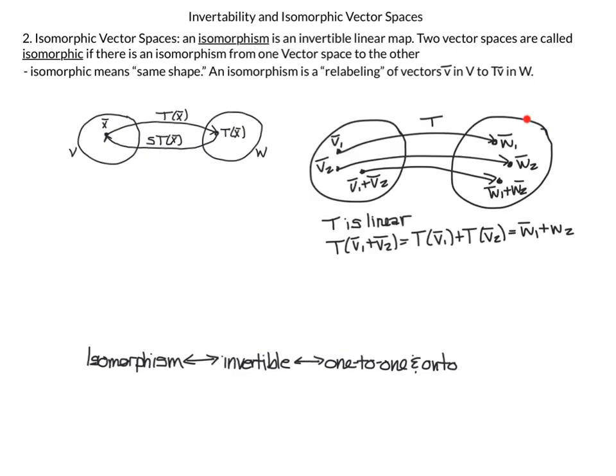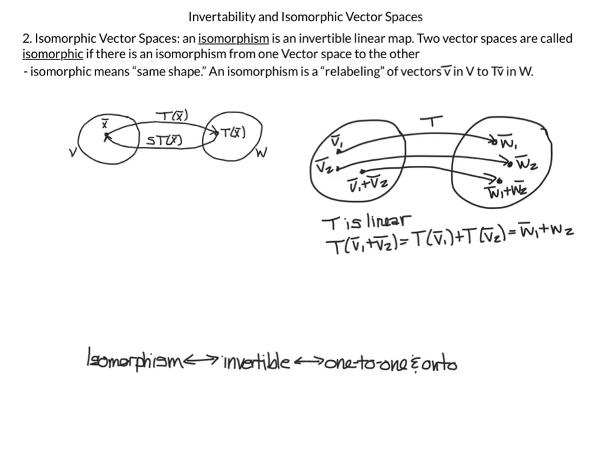And even stronger, because T is linear, that's the other half. It's not just the fact that they're one-to-one and onto, but because T is linear, when you map v1 to w1 and you map v2 to w2, then v1 plus v2, remember, because V is a vector space, v1 plus v2 needs to be in the vector space.